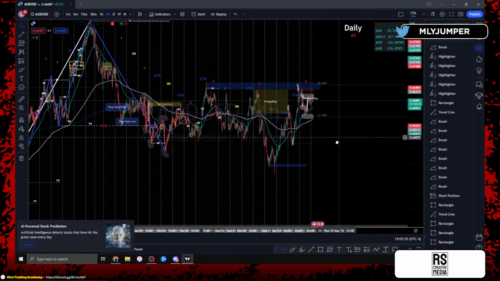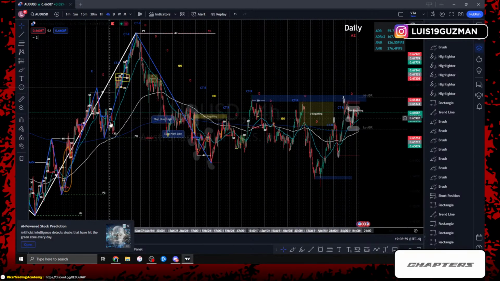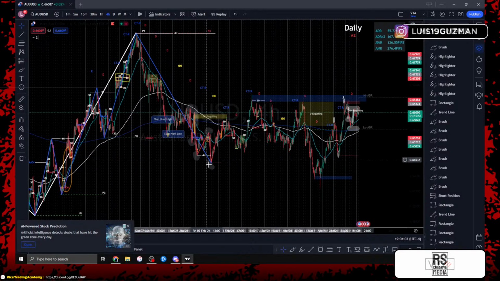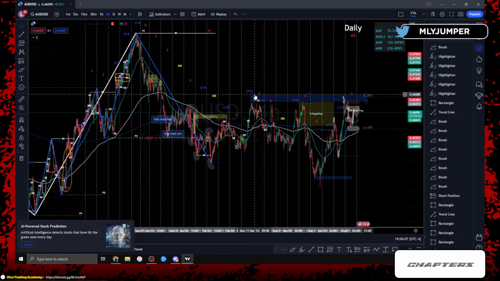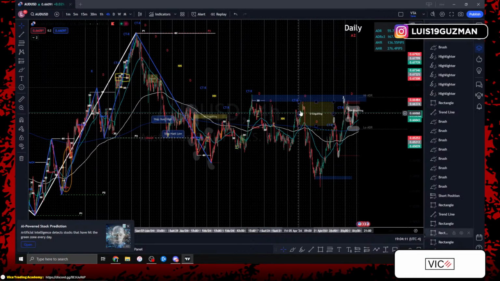When we zoom in just a little bit in the 4-hour, we can see that at one point we had higher highs, higher lows, higher highs, and then price gave us a push to the bottom, gave us a lower low, lower high, another lower low, and price here is just consolidating.